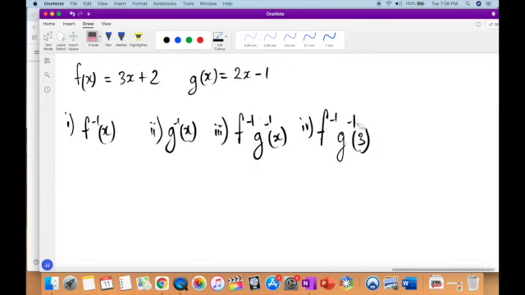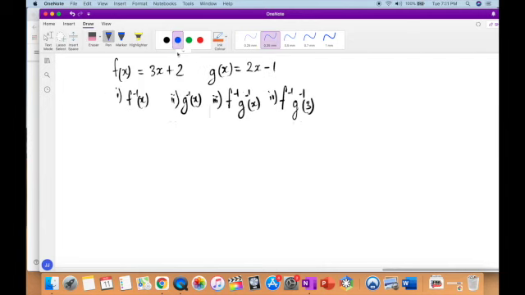So I'll give you guys 2 more minutes. So let's find f inverse of x. That implies let y equals 3x plus 2.